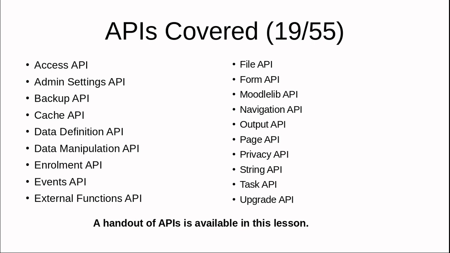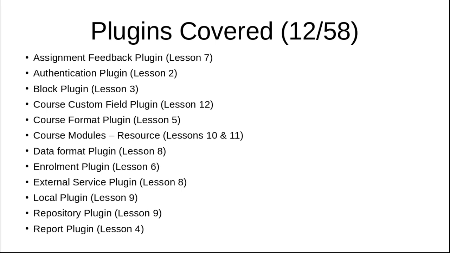So in all, I think we've really touched on the really big important APIs in this course. In terms of plugins, we've done 12 plugins out of the 58, and we'll look at the others in a little while. Some of them you'll never have to touch, others may be more common.